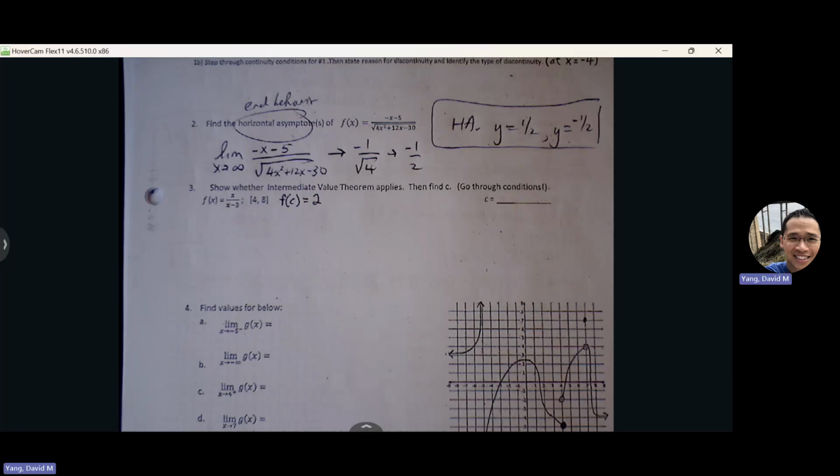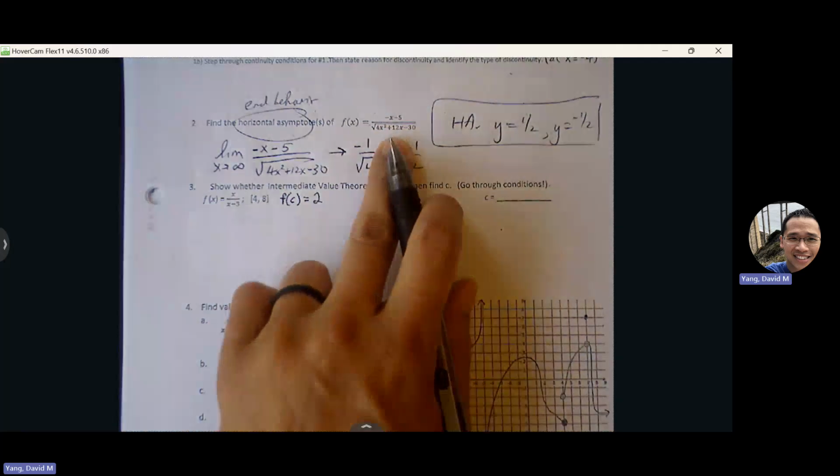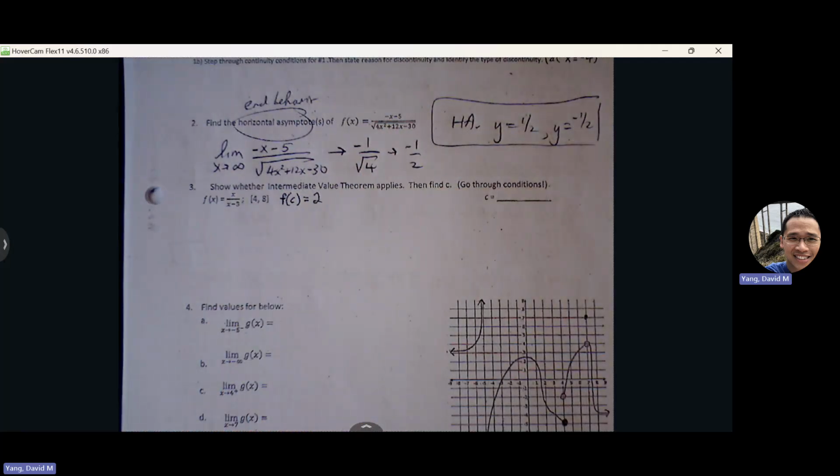Again, that's the reason there are two horizontal asymptotes. This graph looks strange here. The graph may look something like this: as it heads to the right, it's flattening out at 1/2, and as it heads to the left, it's flattening out at -1/2.